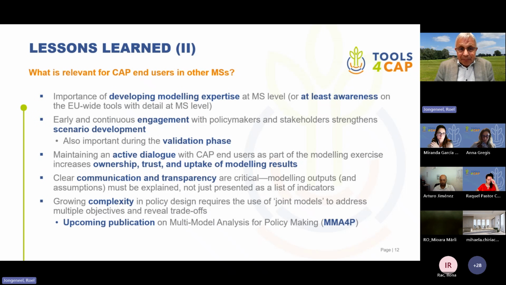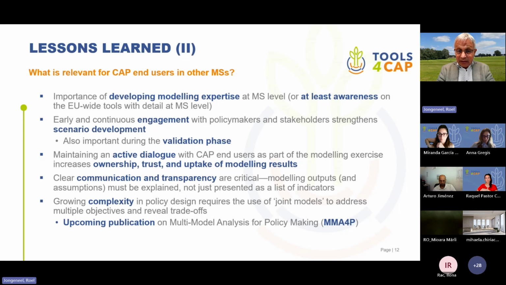Lessons learned. Now, the importance of having modeling expertise which you can mobilize. I think early and continuous engagement with policymakers. We have been involved in the establishment of the eco scheme, also with interaction with policymakers. So this was a kind of follow-up in a continuing discussion, I would say.